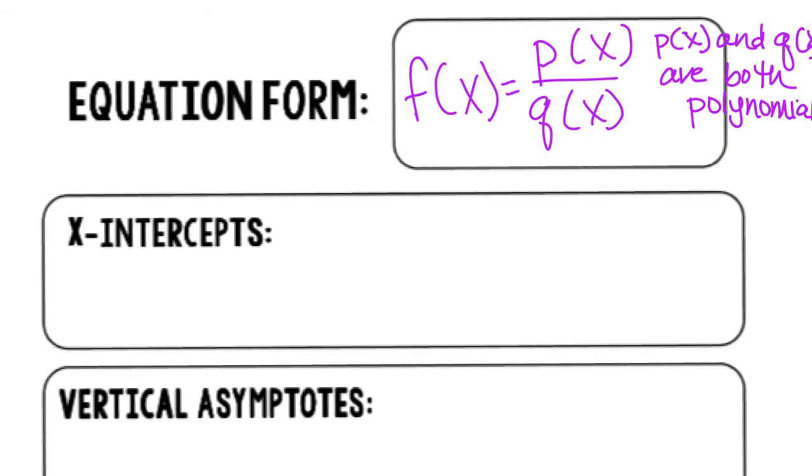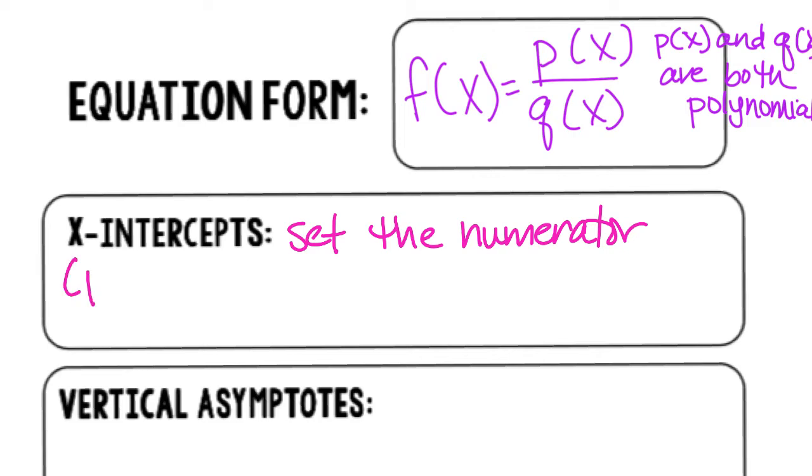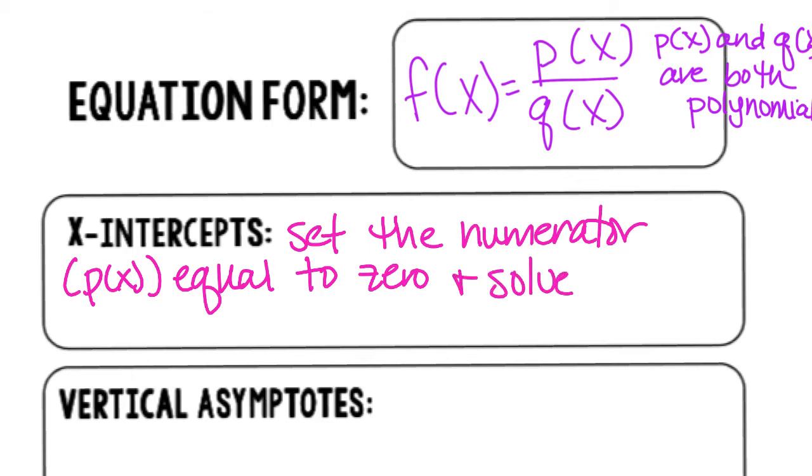The first thing that we can find are x-intercepts. We can find all of the x-intercepts when we set the numerator, which here we're calling p of x, equal to 0, and we solve for x. We'll solve for the variable.